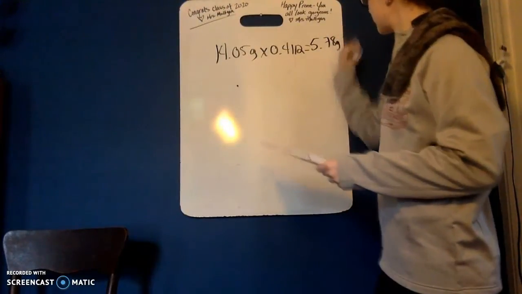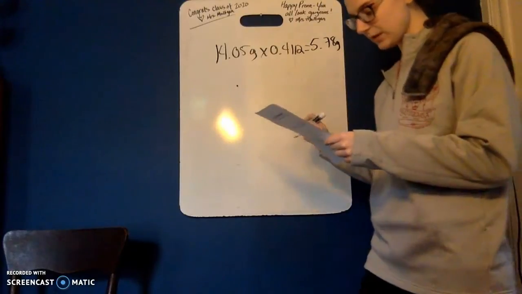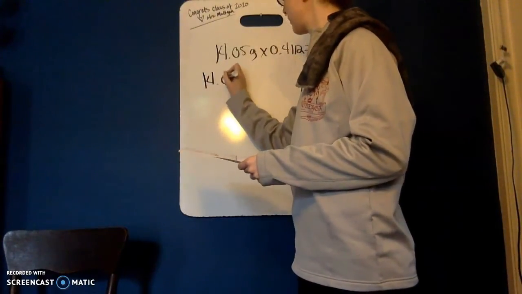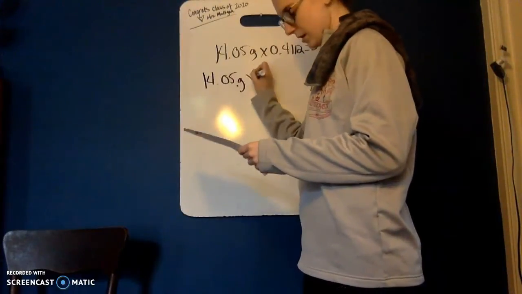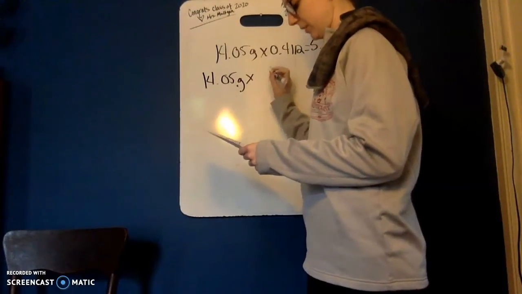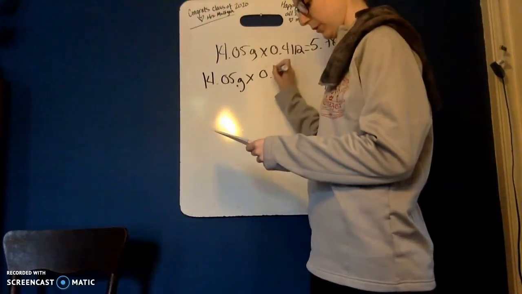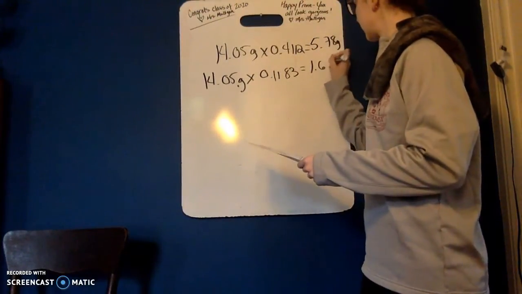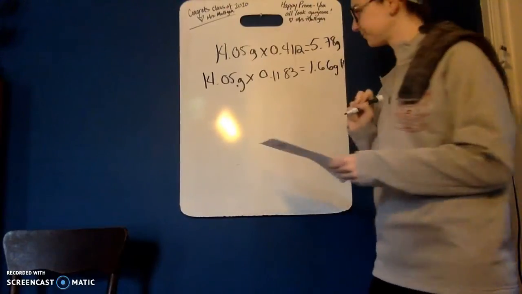5.78 grams of nitrogen. For hydrogen, again, my sample size is 14.05 grams. The percent of hydrogen was 11.83, so I multiply by 0.1183, and I get 1.66 grams of hydrogen.